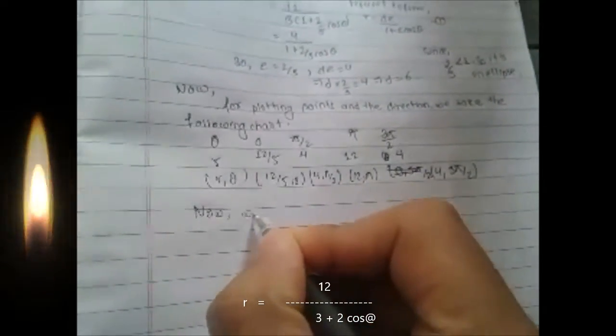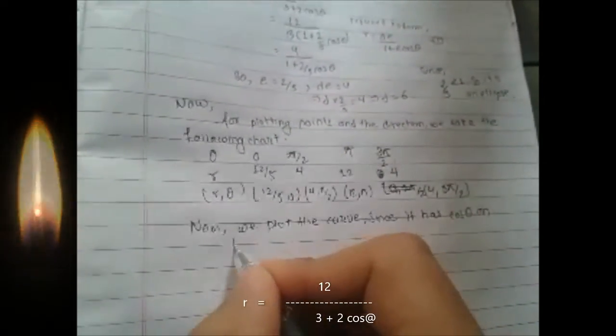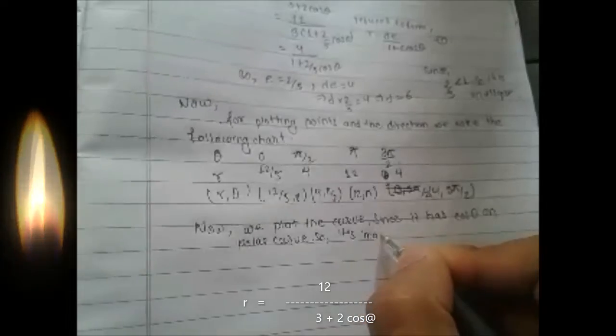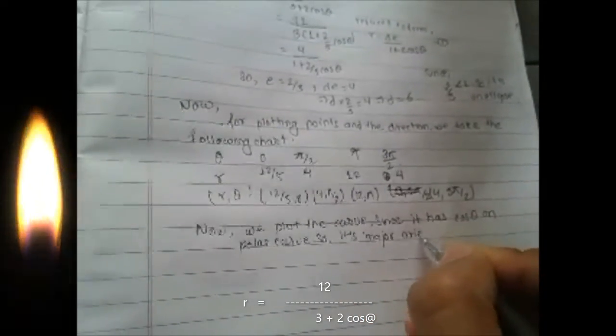Now we plot the curve. Since it has cos theta in the polar curve, its major axis lies on the x-axis.